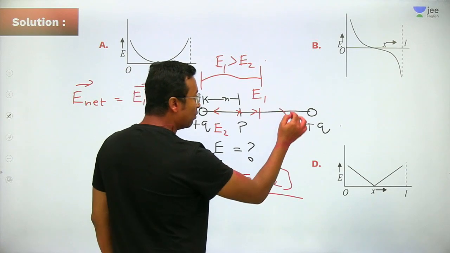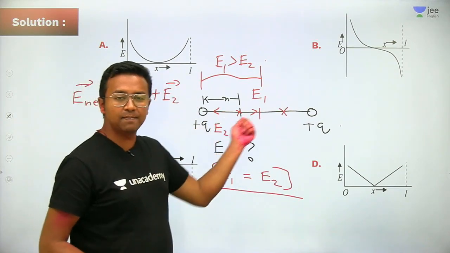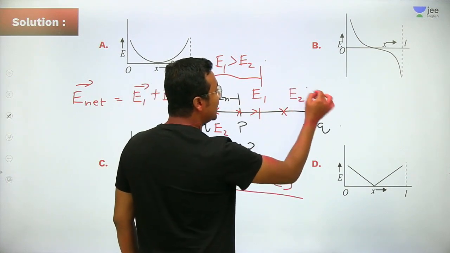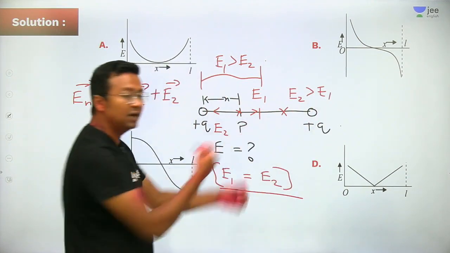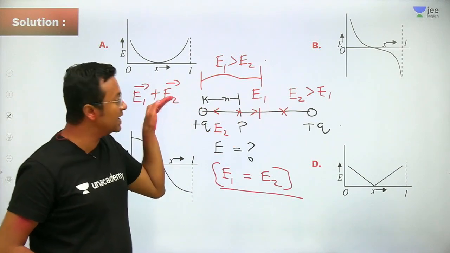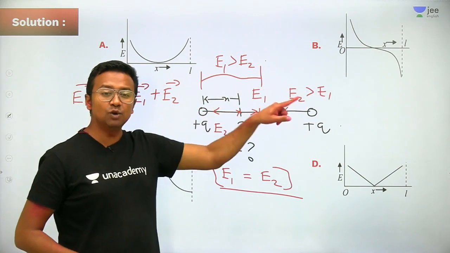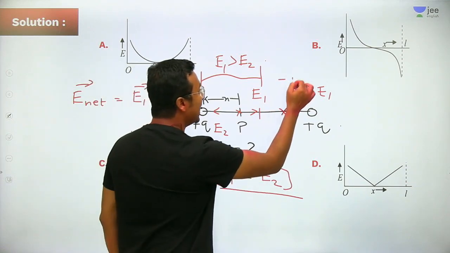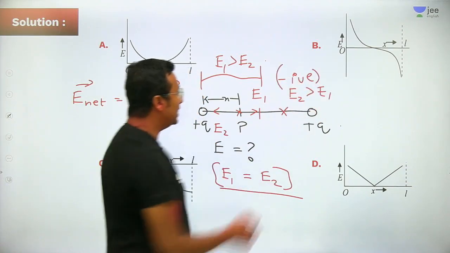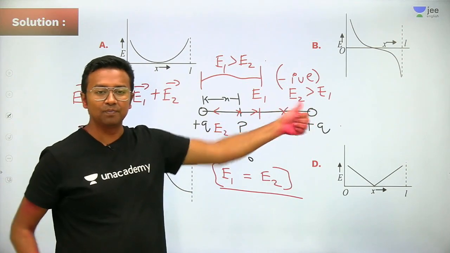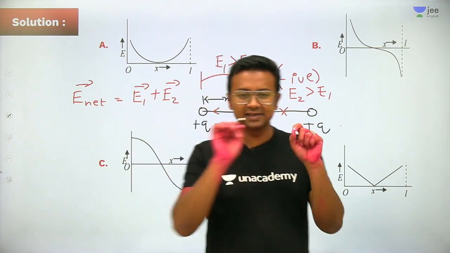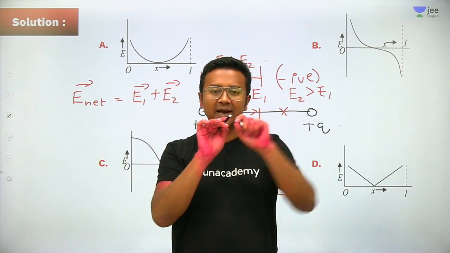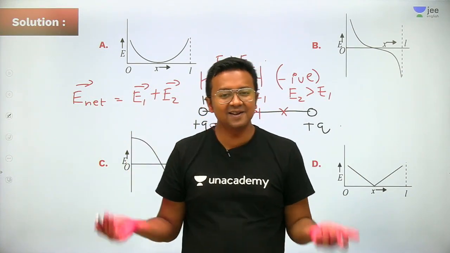Now shift this point P to the other side of the center. Here E2 is greater than E1, E2 is in the negative direction and E1 in the positive direction, so the net electric field is negative between L by 2 and L. That means the electric field is positive from 0 to L by 2, and negative from L by 2 to L.